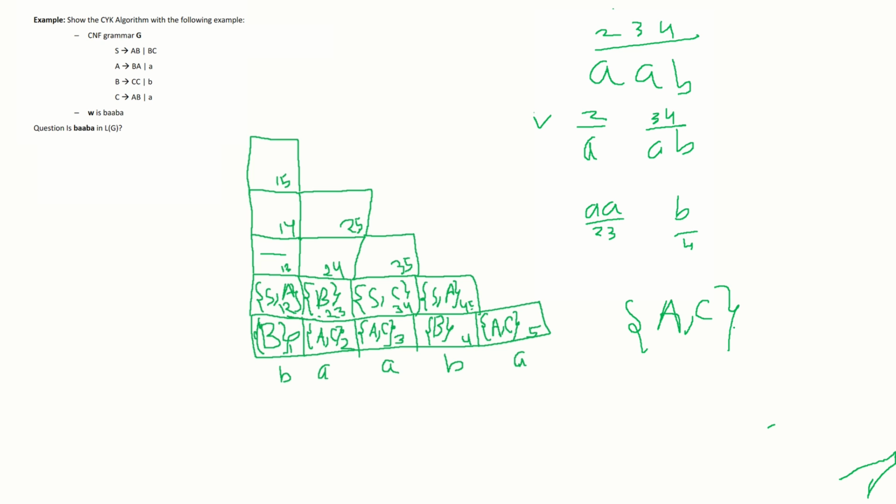And how can we generate position 3, 4? Well, in the third column of our second row, we have 3, 4, which can be generated from S and C. So the cross product will give us AS, AC, CS and CC, right? Now check the second combination. At first we have double A or a substring from position 2 to position 3.